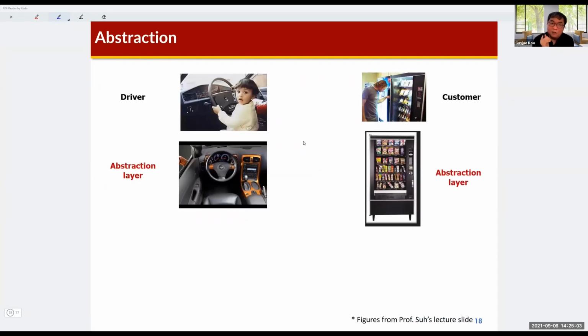Let's talk about the abstraction of computer systems. In the previous class, I also mentioned abstraction. So what is abstraction?